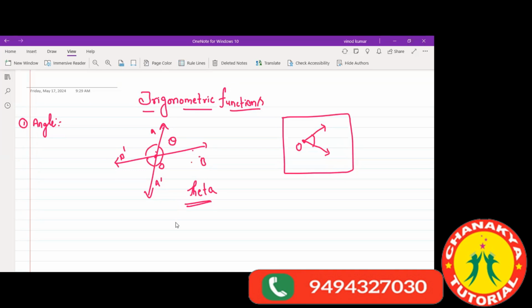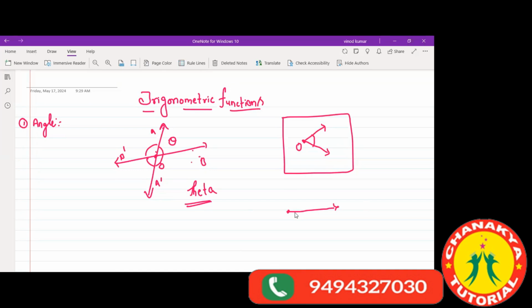Here, is the rotation in an angle theta anti-clockwise or clockwise? Suppose this is a starting point. From this starting point, one ray rotates with respect to time.